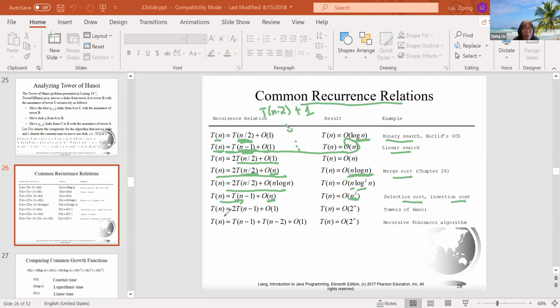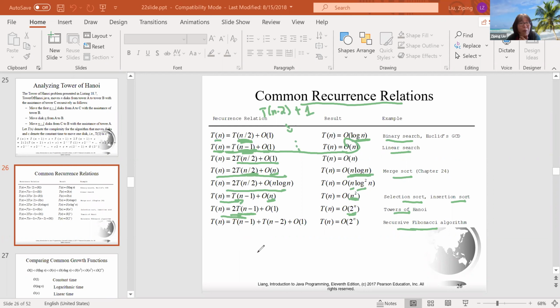And Tower of Hanoi is 2 times T(n minus 1); you decompose into two of these. In this case, it's 2 to the n. And for the Fibonacci algorithm, generally speaking, we don't need recursion.